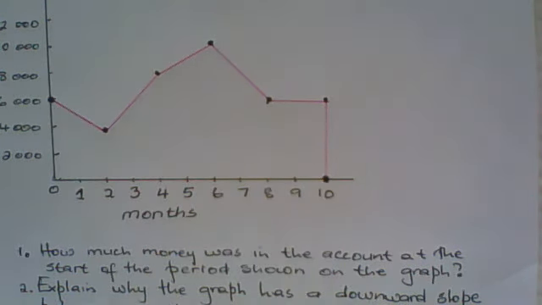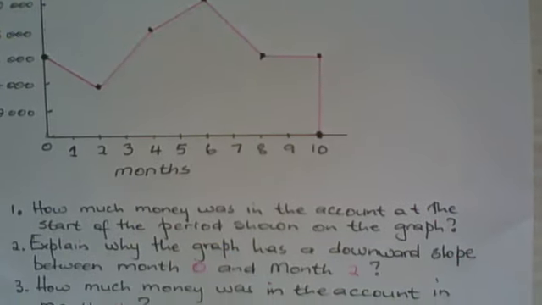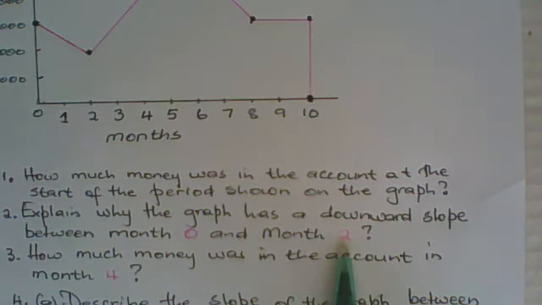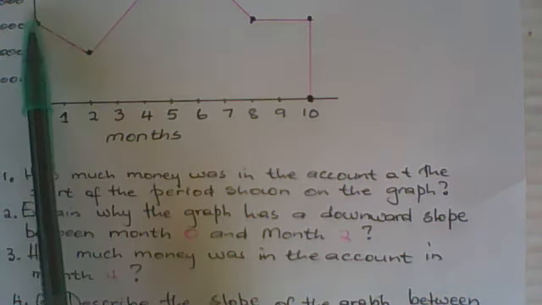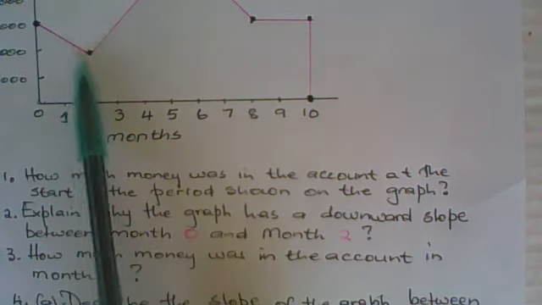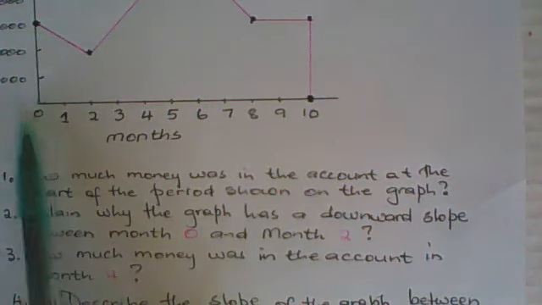Fine. Now, question number 2. Question number 2 says, explain why the graph has a drop-down slope between month 0 and month 2. From here to here, it went down. Why is that a drop?